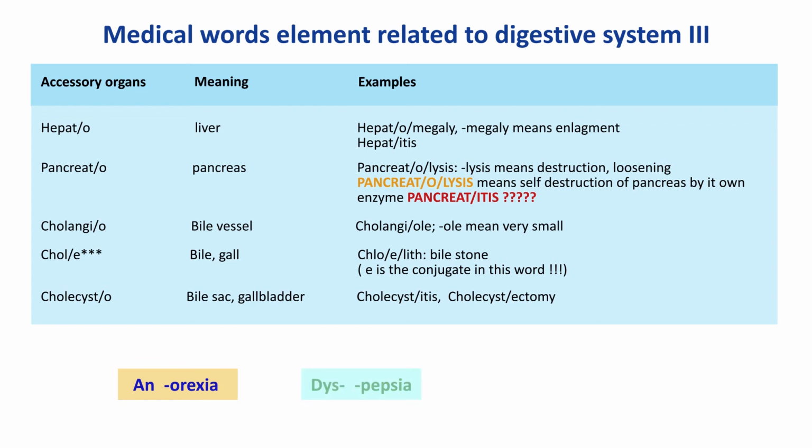Pepsia means digest, and dys means malfunction. So the word dyspepsia is the alteration of digestion, with a painful feeling in the abdomen. The suffix emesis means vomit. Hyper means a lot. Then, please guess the meaning of hyperemesis.